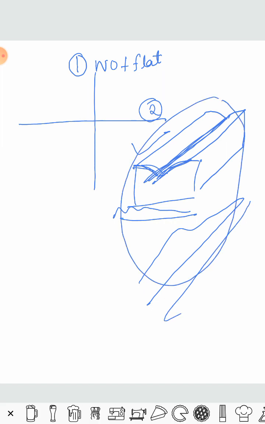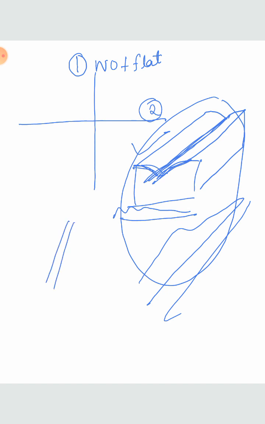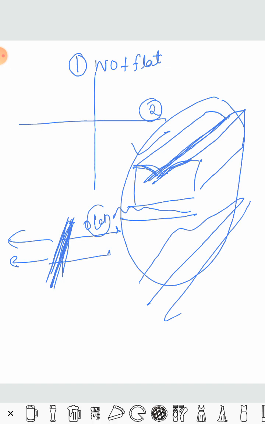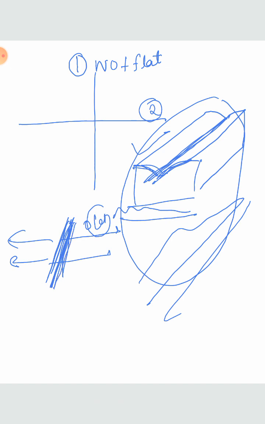The third observation was when we go away from the mid-oceanic ridge. Suppose this is the mid-oceanic ridge. When we go away from it, we find that the ocean crust is older compared to the crust nearby the mid-oceanic ridge.